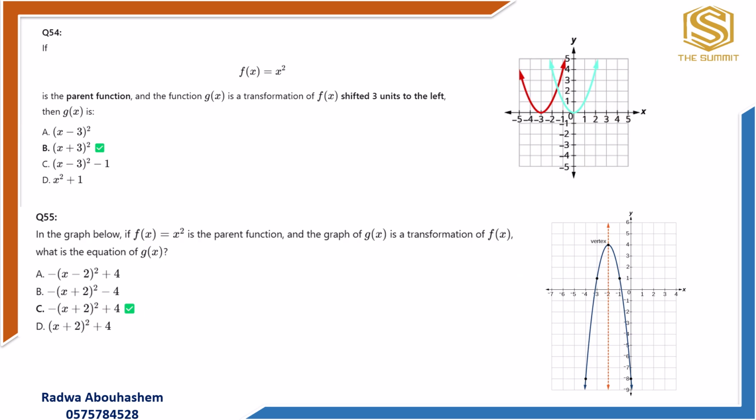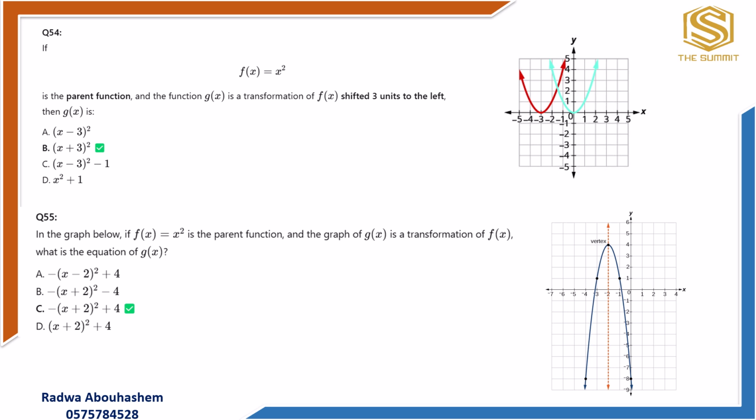Okay. If the parent function equals x power 2, and the function g of x is a transformation of function f of x, shifted 3 units to left. As you see here, it shifted 3 units left. If you shifted 3 units left, this means that you are moving horizontally, making a horizontal shift. Once you're making a horizontal shift, this means that you are adding or subtracting to the x itself, right?